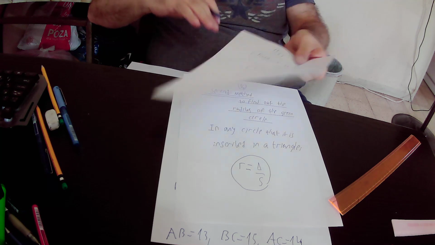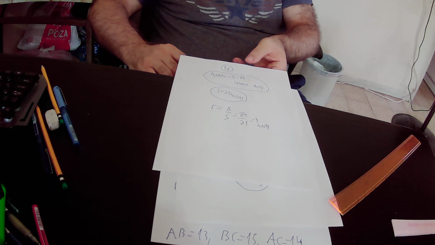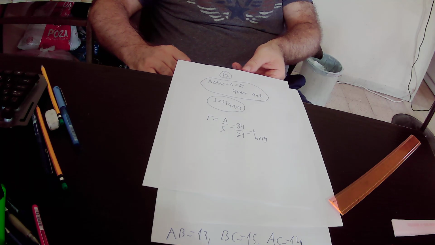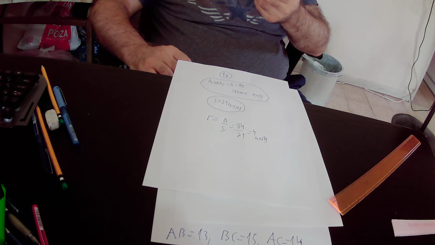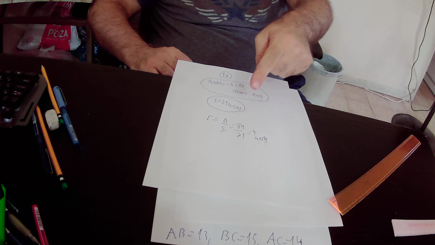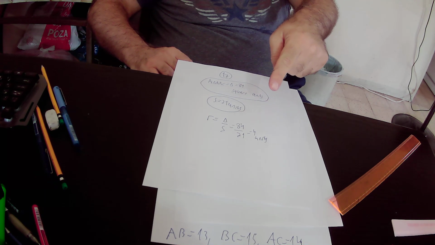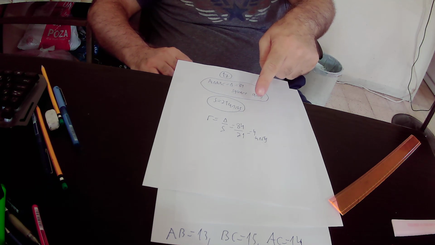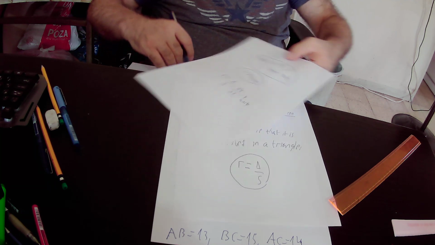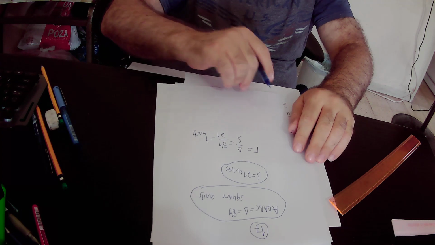Okay, so the radius of the green circle equals delta over S. Delta is the area of the triangle that contains the circle, that is 84 square units, and the semi-perimeter of triangle ABC is 21 units. So the radius of the green circle equals 4 units.